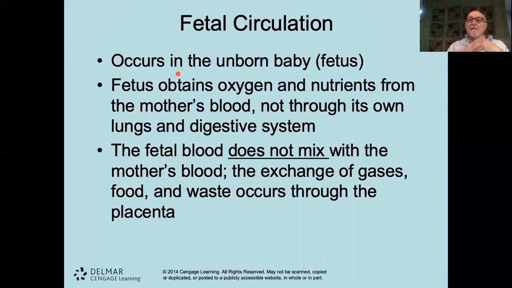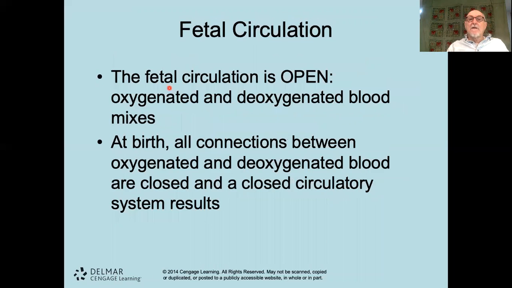But the two blood systems, the fetal and the maternal, do not mix. Instead, these substances pass across capillary beds which lie very, very close to one another, but which do not mix with one another. So the thing to know is that the fetal circulation system is actually an open system.